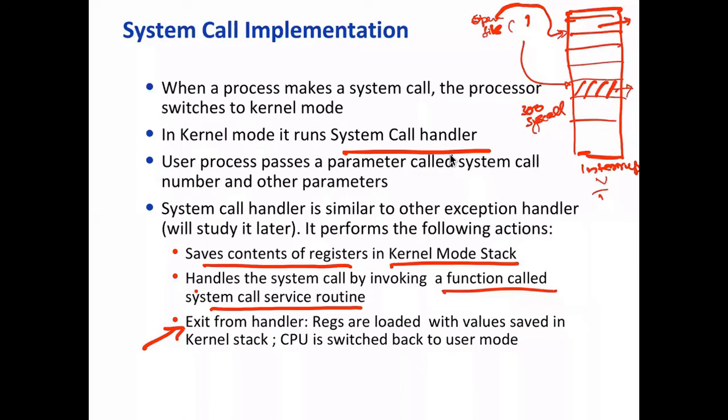If the process is picked up by the scheduler, then all this process state in the kernel stack is restored, put back into the different registers, so that the process can start from there. Is it fine?